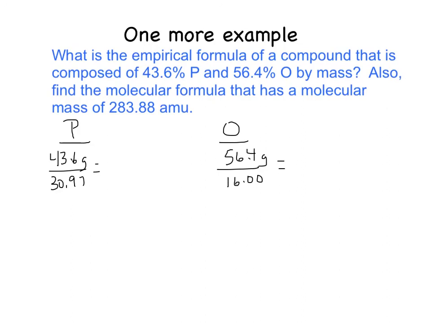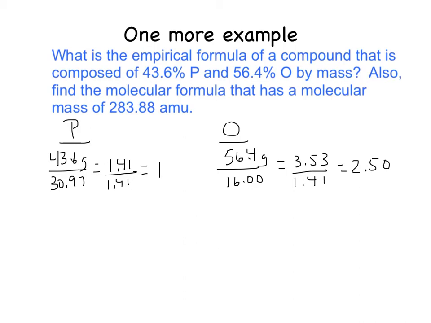The answers I got were 1.41 and 3.53. And so I find the lowest of those two numbers, and I divide each one of them by that. 1.41 divided by 1.41, this one I can do in my head, it's going to be 1. And this one ends up being 2.50.